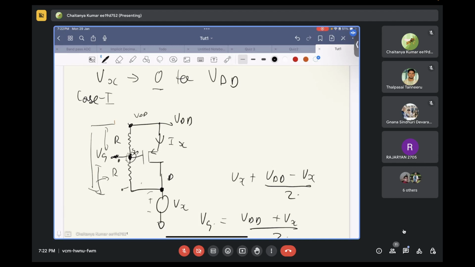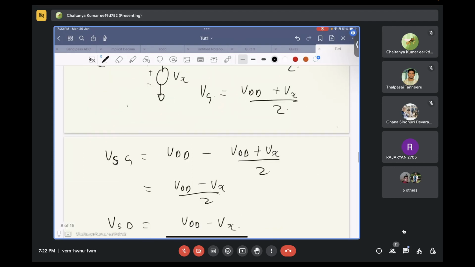Is this clear? Yes, sir. Is there any doubt? Okay. So, given this fact, now you know that for the range provided, this device will never go to triode region.